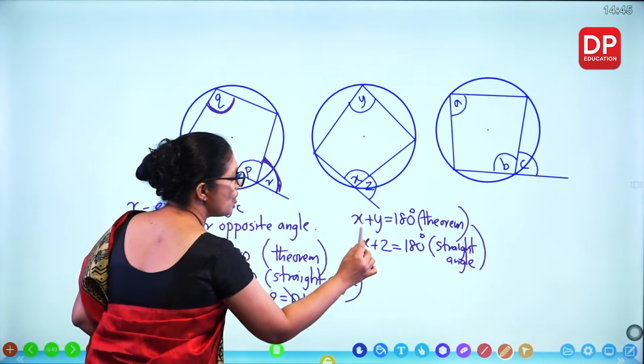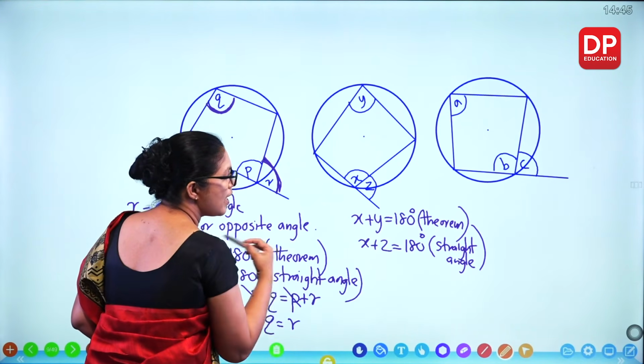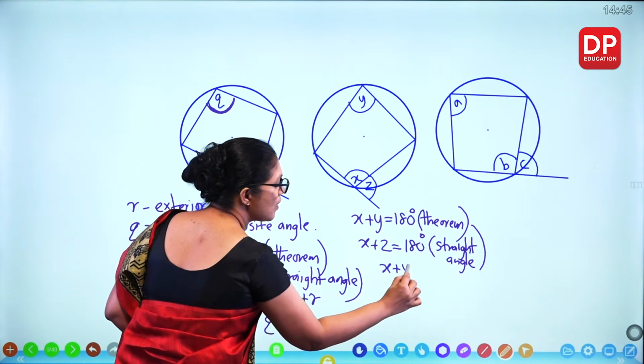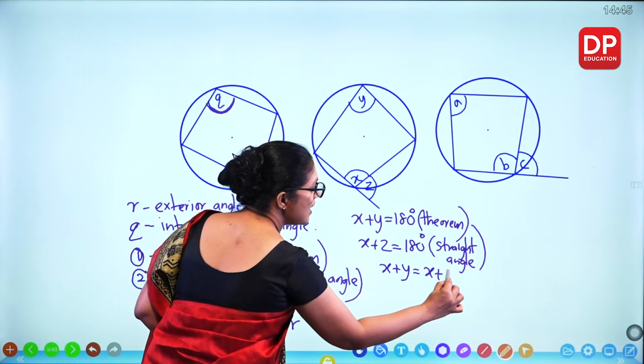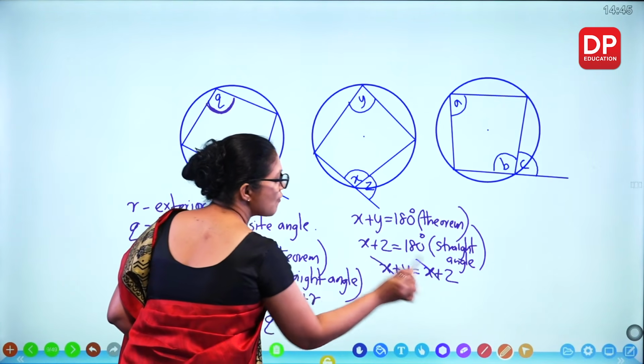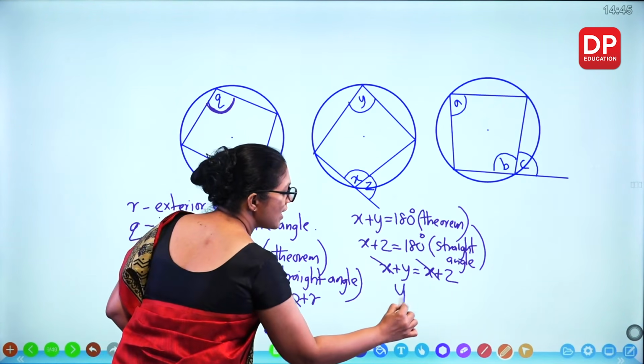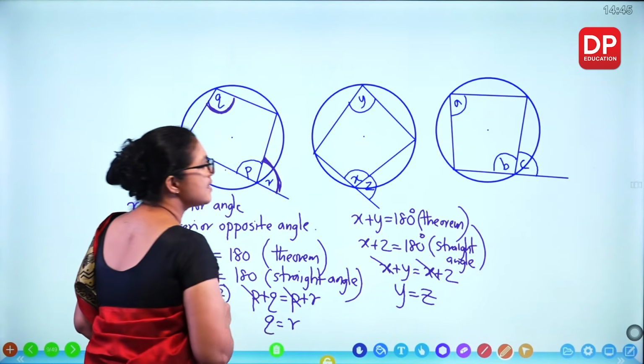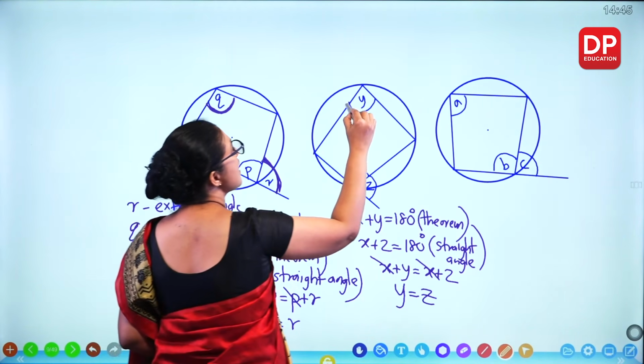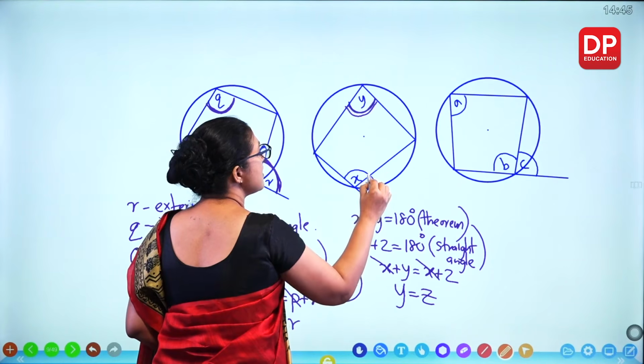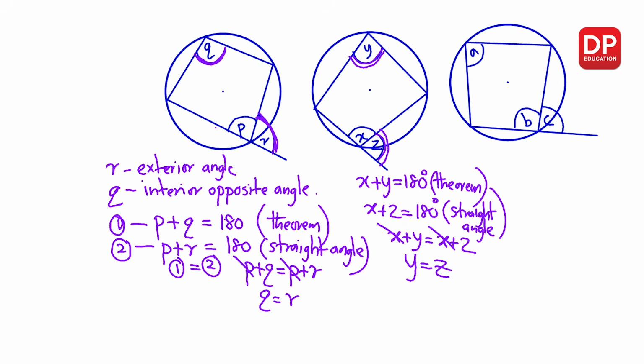From these two, when you equate, x plus y equals x plus z. Take x from both sides, you get y equals z. So this angle is equal to this angle.